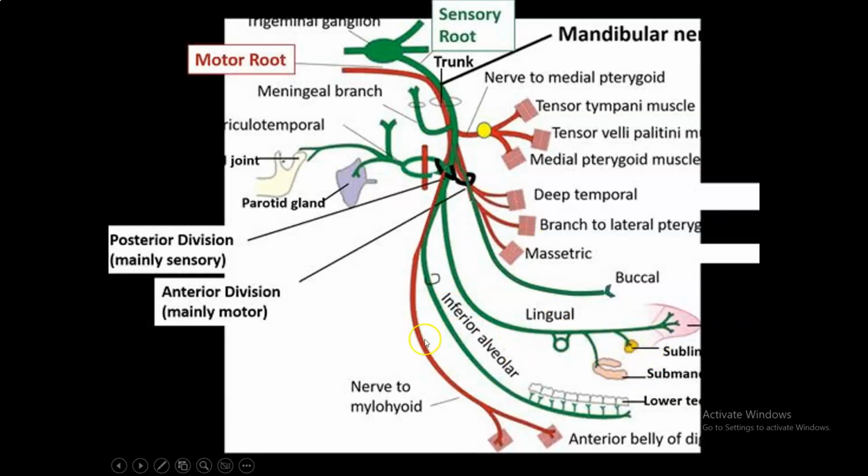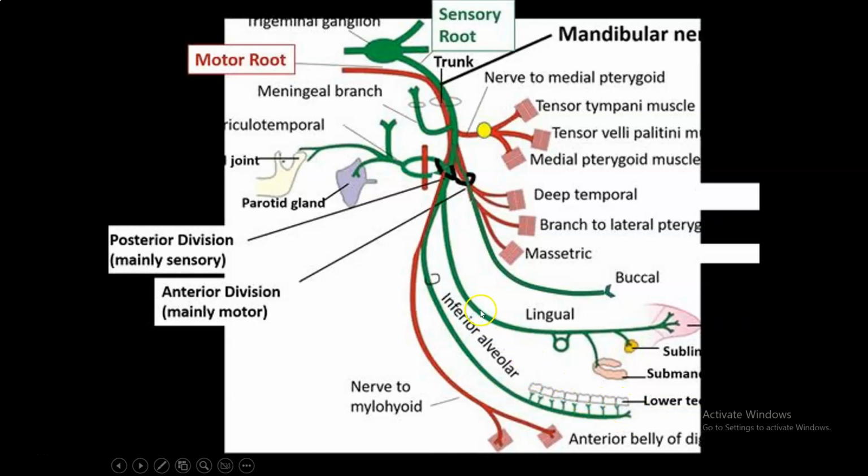So this is the anterior part of the mandibular nerve and the posterior part of the mandibular nerve. Also, it gives the inferior alveolar nerve, which supplies the lower teeth, the gums, and the skin over the lower part of the mandible, apart from the angle of the mandible, which is supplied by C2.